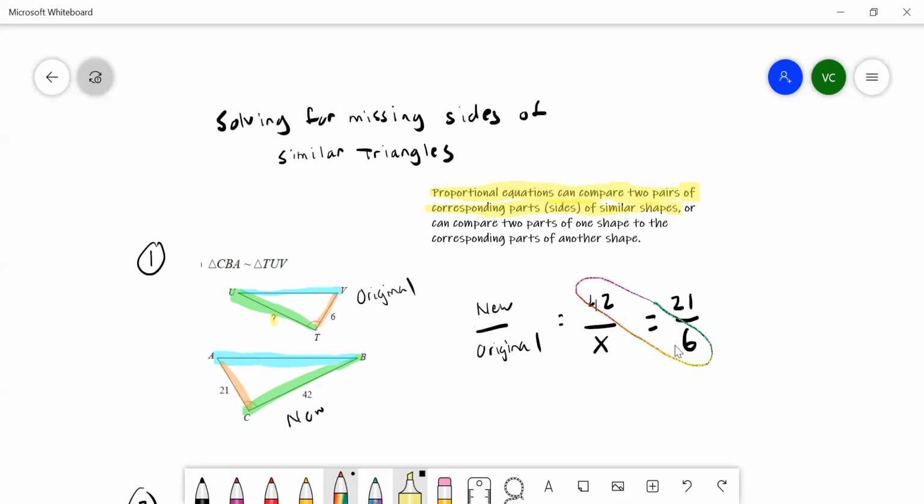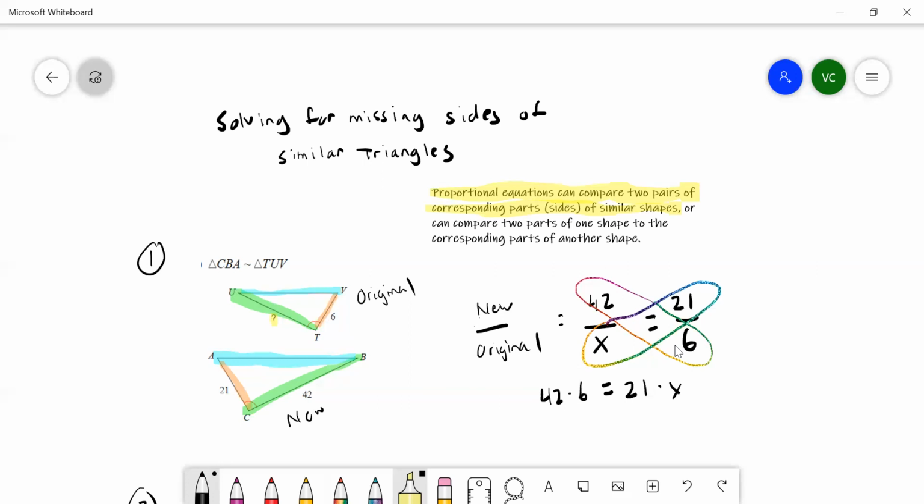So the first thing we do, we multiply 42 times 6, and that's going to equal X times 21.